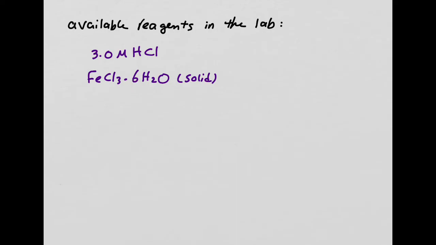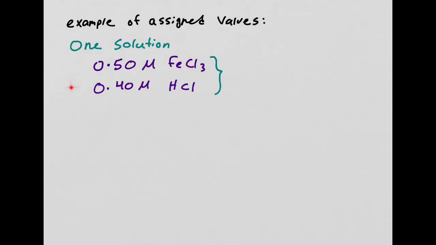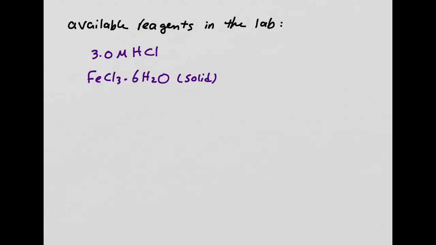If you read the independent project summary, it says you need to make a 100 ml solution that has these concentrations, and these are the available reagents. These are what we have in the lab. Okay, let's get started. I know that I want to make a 100 ml solution.